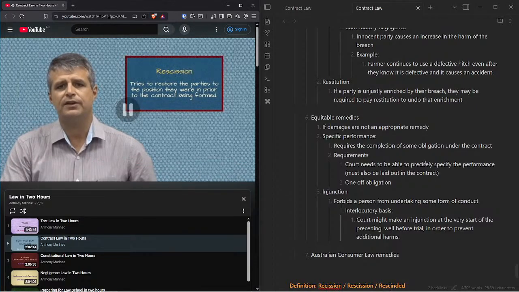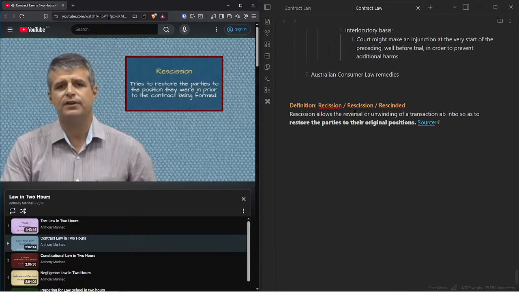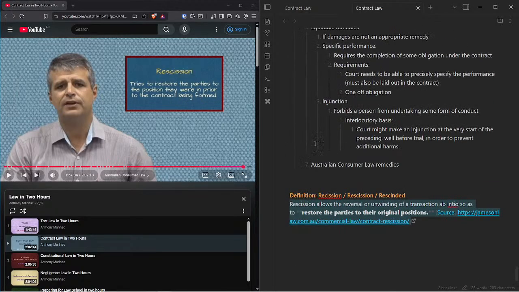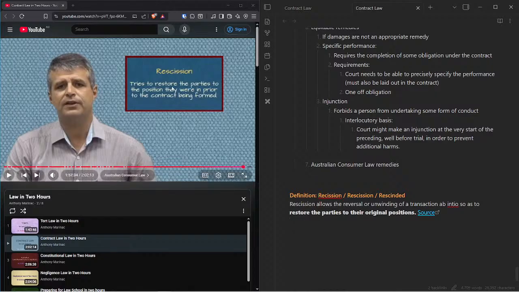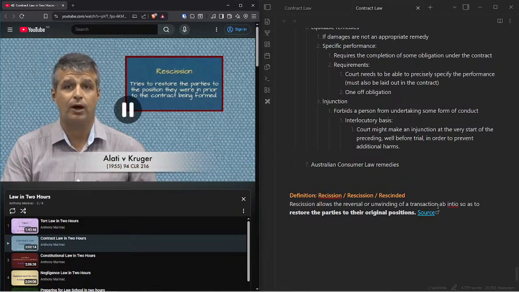Rescission is an... Okay. Let's see how close this was. Tries to restore the parties to the position they were prior to the contract being formed. Okay, so that's fine. An equitable remedy which seeks to bring the parties back to their positions prior. And he's spelling it with an SC here.